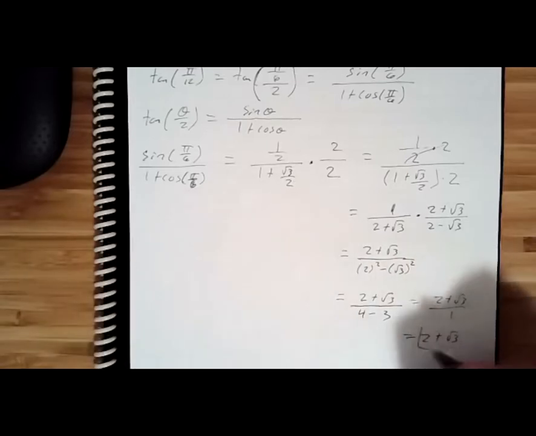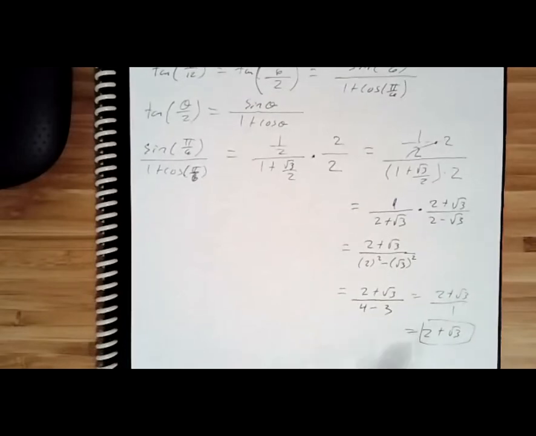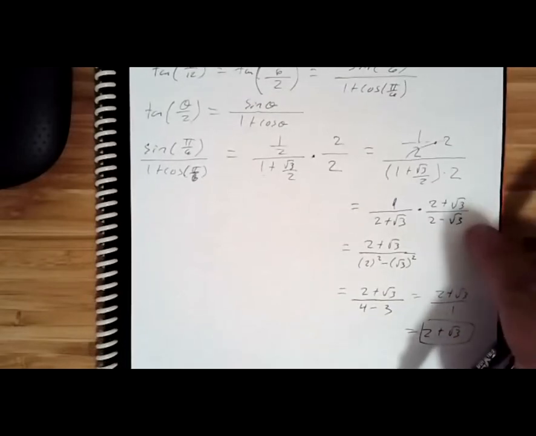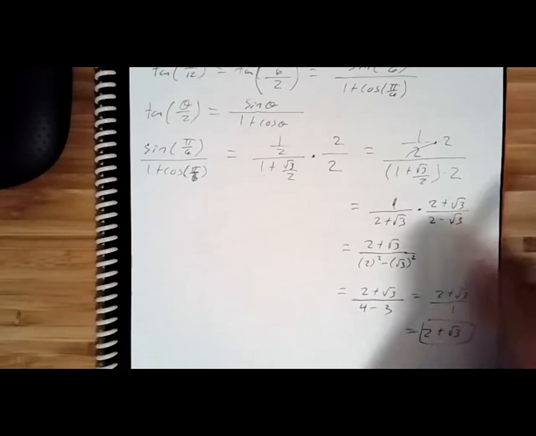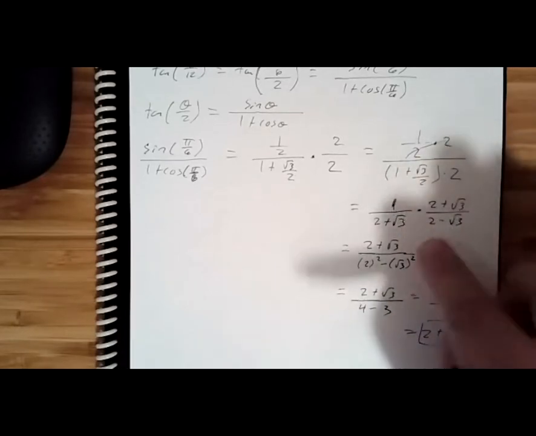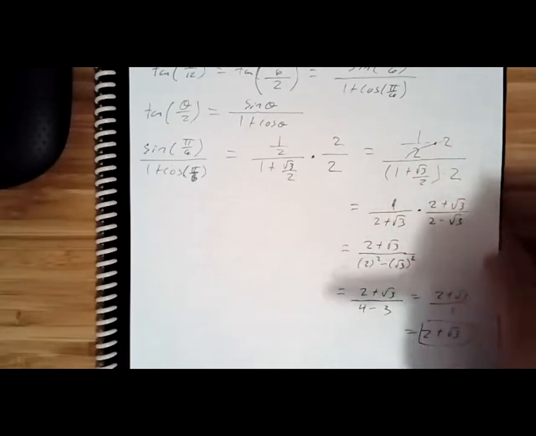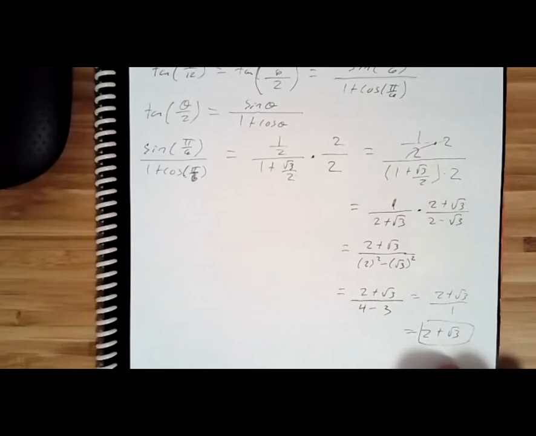Anyway, do you guys follow the rationalization? Why we had to use this? Technically, this was the answer at the beginning, but we had to rationalize to get rid of the square root in the bottom.